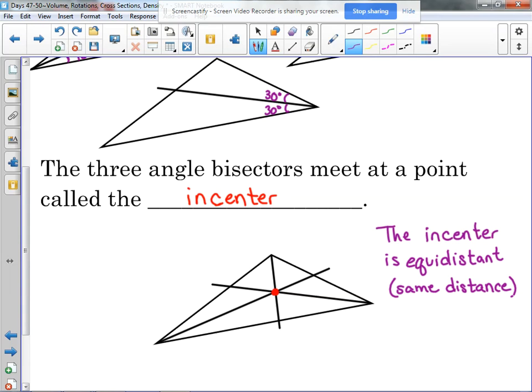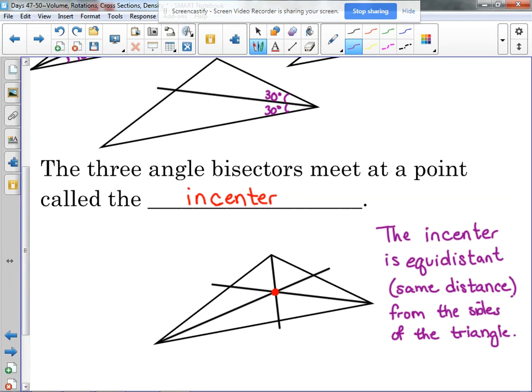Equa sounds like equal, right? Distant, distance, same distance from the sides of the triangle. It's equidistant, same distance from the sides of the triangle.